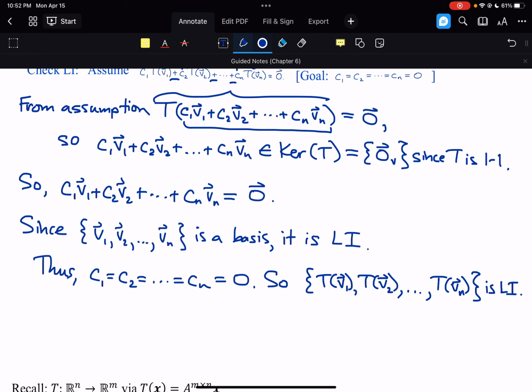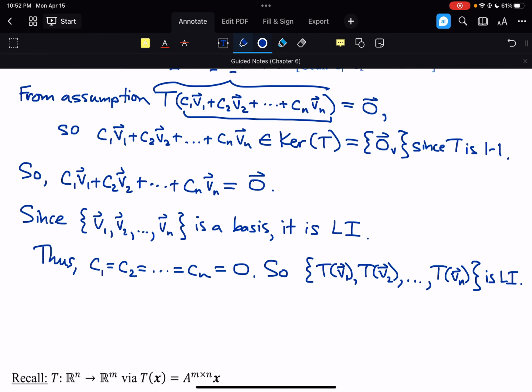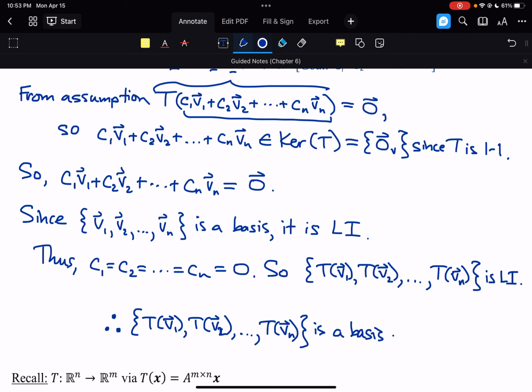Since the set spans the range, and the set is linearly independent, we can say, therefore, that this set of vectors, T(v1) through T(vn), is a basis for the range of T.